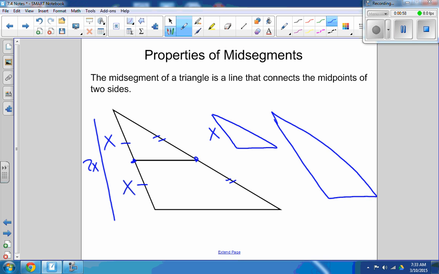So if this is x, this is 2x. If this was y, using similar triangles, we can determine that this length would be 2y. So the midsegment of a triangle is half of the other side, the parallel side.